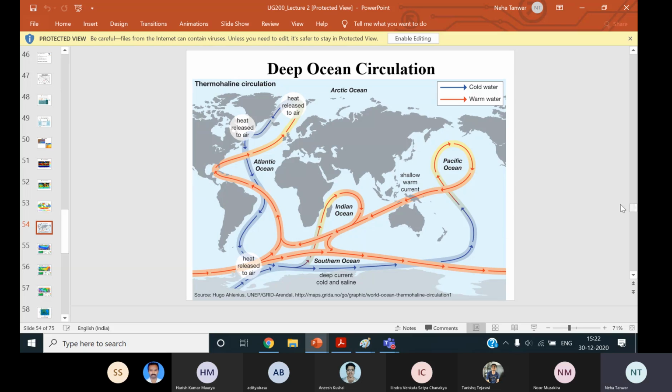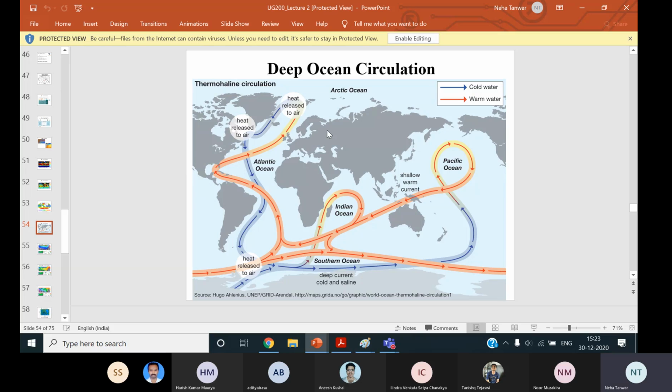Let's say, for example, this branch, the Gulf Stream, in future is not very saline. What will happen? It wouldn't be dense enough to sink, right? So the flow of that deep water formation will slow down.